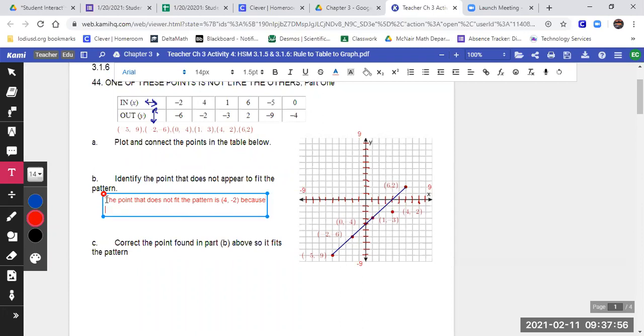Why do we know it doesn't fit the pattern? What makes it stand out and be obvious?